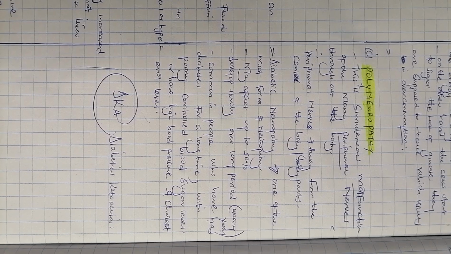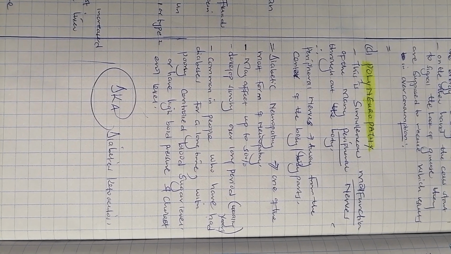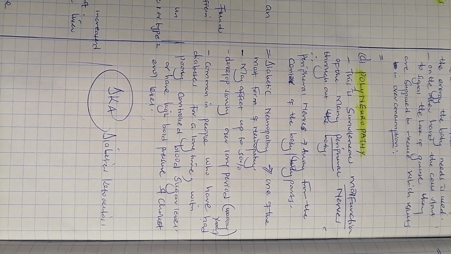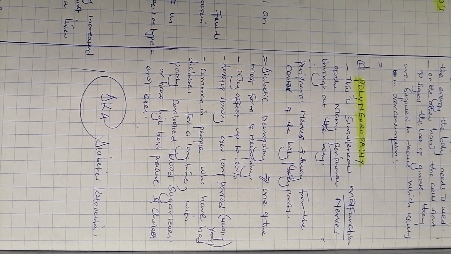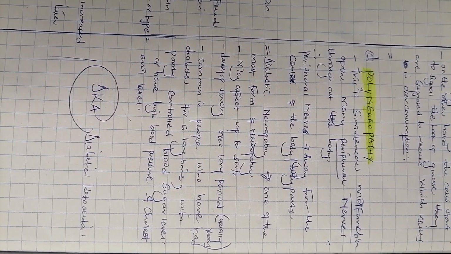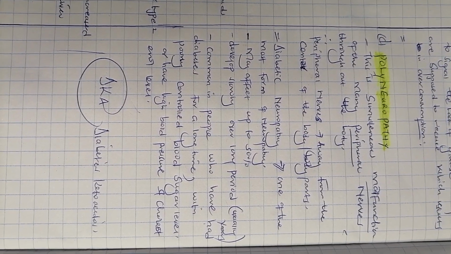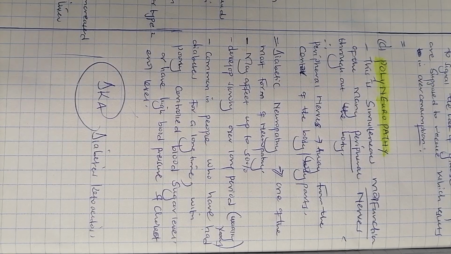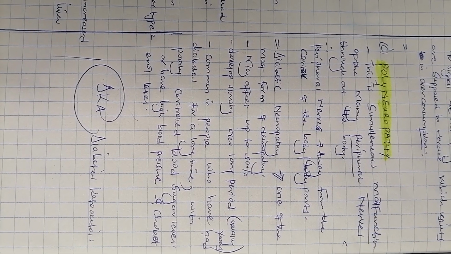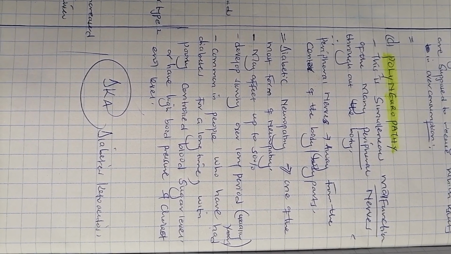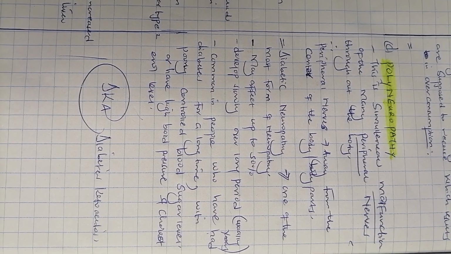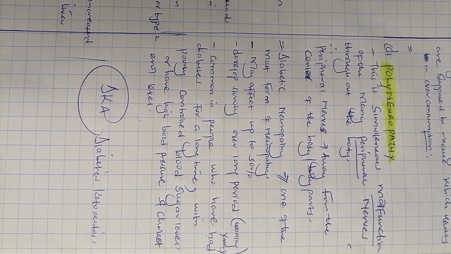The fourth P is polyneuropathy. What is neuropathy? Neuropathy is a general term that is used for damaged peripheral nerves, peripheral meaning the nerves that are outside the brain and the spine.